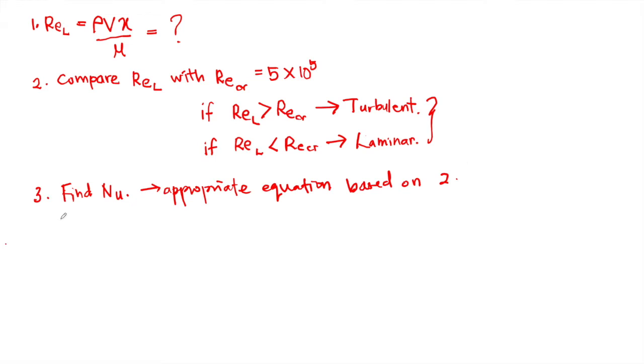Okay, and then after you find the Nusselt number, previously in chapter 3.0 I already told you to memorize this equation: Nusselt number equal to hL over D. Okay, rearrange this equation to get h. h is equal to Nusselt number times D over L. Okay, then you have found the heat transfer coefficient.